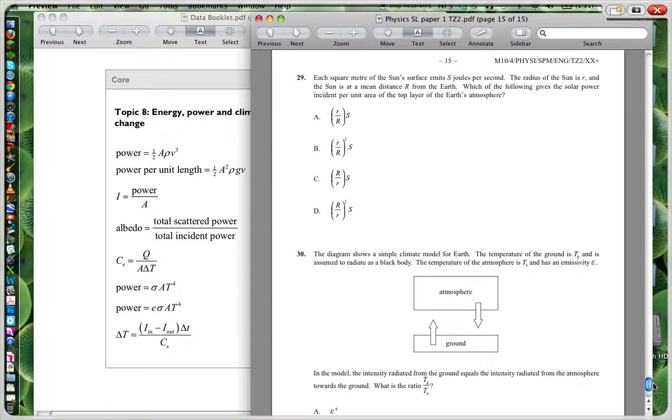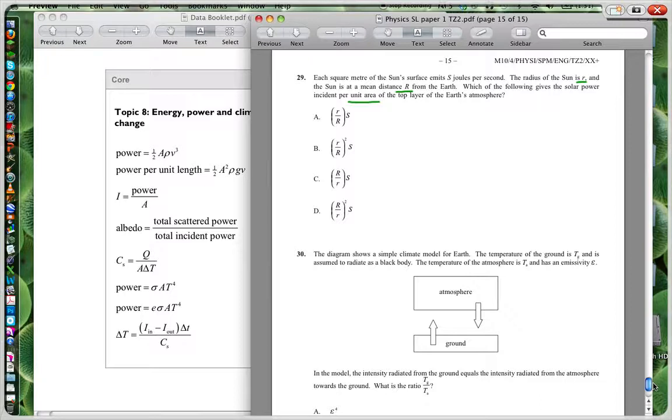We have here each square meter of the sun's surface emits S joules per second. The radius of the sun is r, and the sun is a mean distance big R, capital R, from the earth. Which of the following gives the solar power incident per unit area of the top layer of the earth's atmosphere?